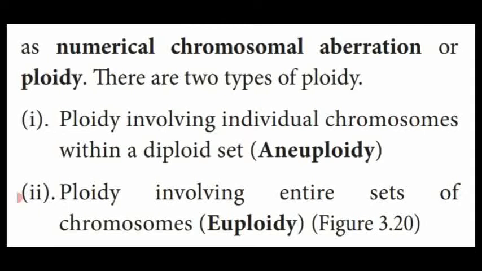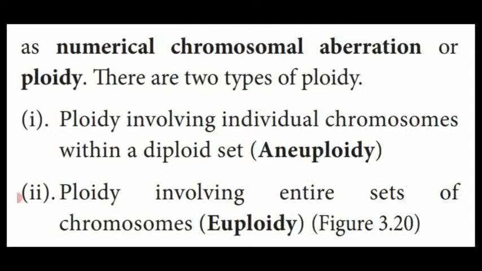But the second one, where the entire set of chromosomes shows changes, is euploidy. For example, we have 23 pairs of chromosomes. If all the 23 pairs show changes in their number, that ploidy is known as euploidy.